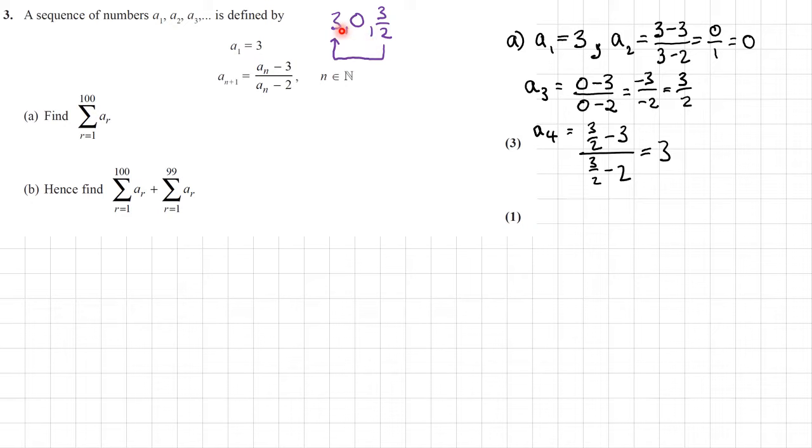So in these 100 terms, I'm going to have 33 of these and 33 of these, and 33 of these. That only takes me to the 99th term, and then I'm going to have this first term once.